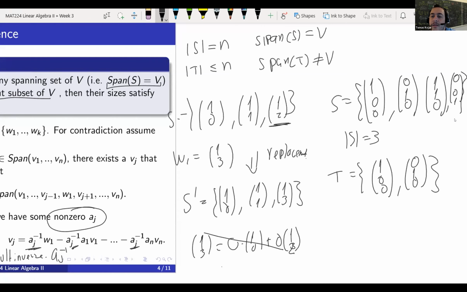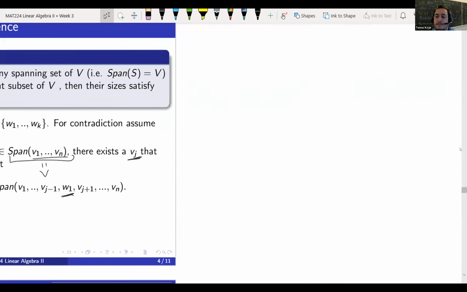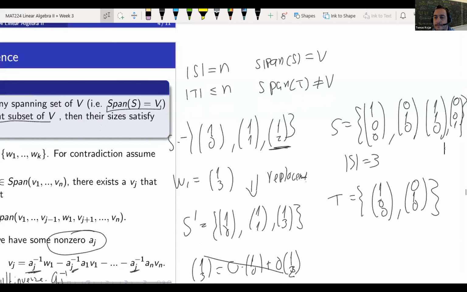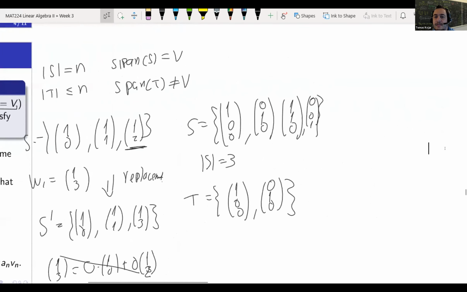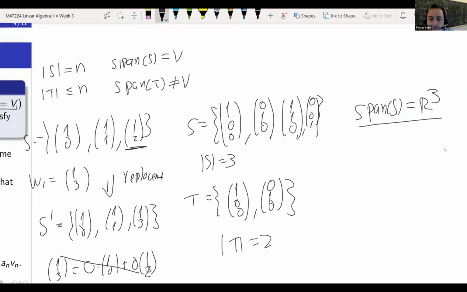So in this example, the span of S is the whole space. The size of S is 3, the size of T is 2, and then the span of T is only contained in R3.